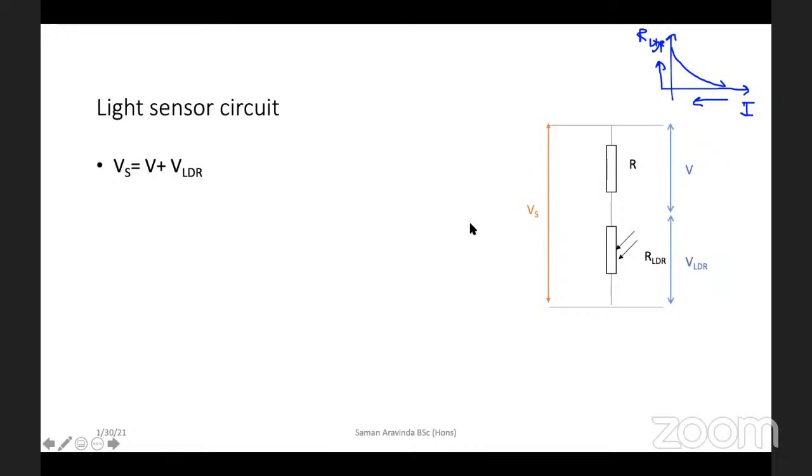Then it should be connected to the fixed resistor. No, because the resistance increases. So resistance increases means the potential difference across that also increases. So we should connect the bulb across what? The LDR. See, nothing big, right?